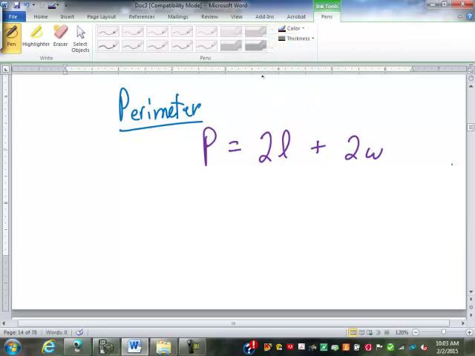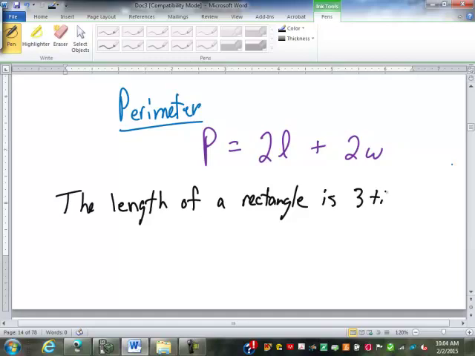If I tell you, now last time I gave you either the length or the width and then the perimeter, and we solved it from there. This time we're going to look at a little bit more complex example. Now we're going to say the length of a rectangle is 3 times the width.